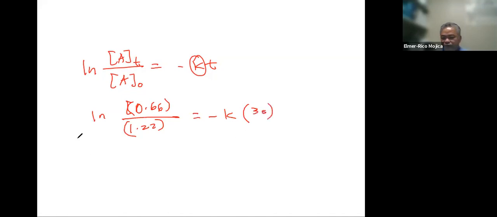Based on the data that we have here, I can choose 2 points. So let's say 0.66 over 1.22. Then you have negative k and 3 seconds. So what we're going to do, 0.66 divided by 1.22.